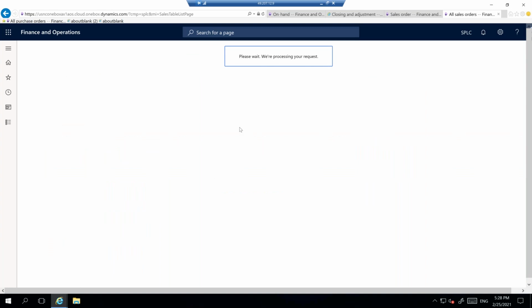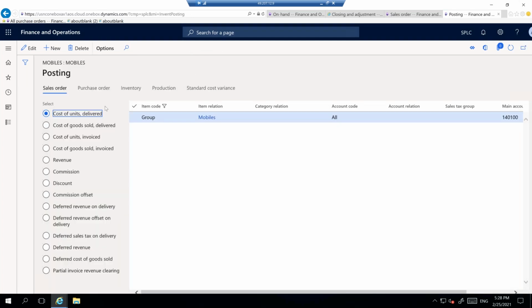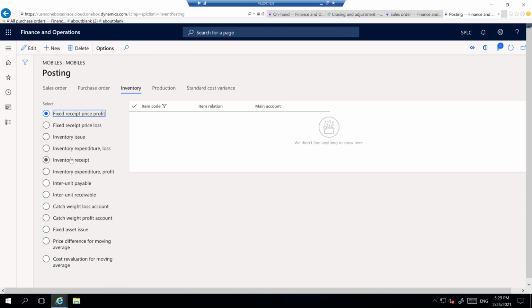From here we can map, or we can go to the posting also. Either one you can do. In the inventory tab, you need to map these accounts: inventory issue, inventory expenditure for loss, inventory receipt, and inventory expenditure for profit.